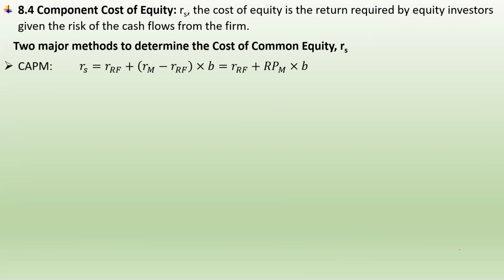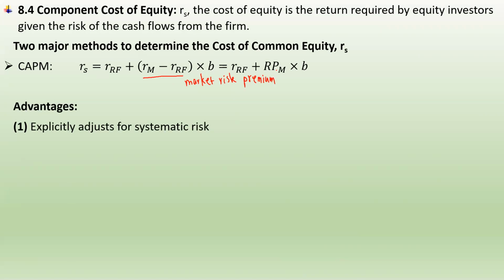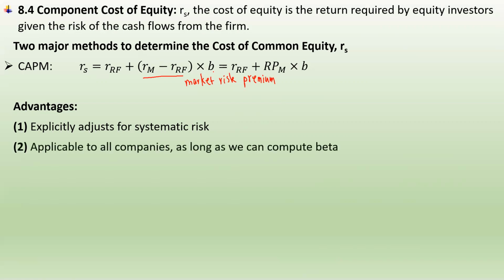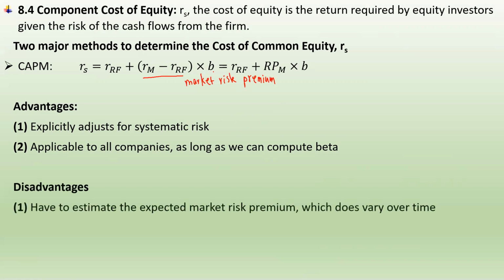The first we use the CAPM model. Remember, RM minus RF. This is the market risk premium. And the advantage, because here we use beta, so it's adjusted for systematic risk. For all firms, as long as you have returns to calculate beta, you can use this CAPM model. Disadvantage, you have to estimate this market risk premium. It's a very hard task, and it varies over time.